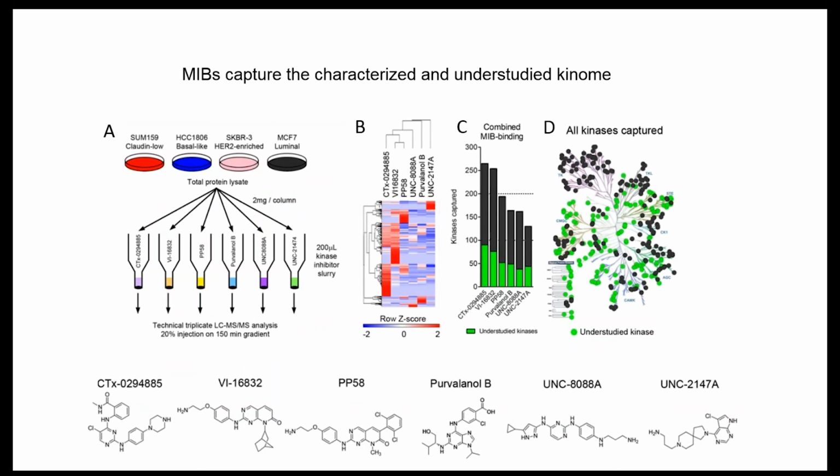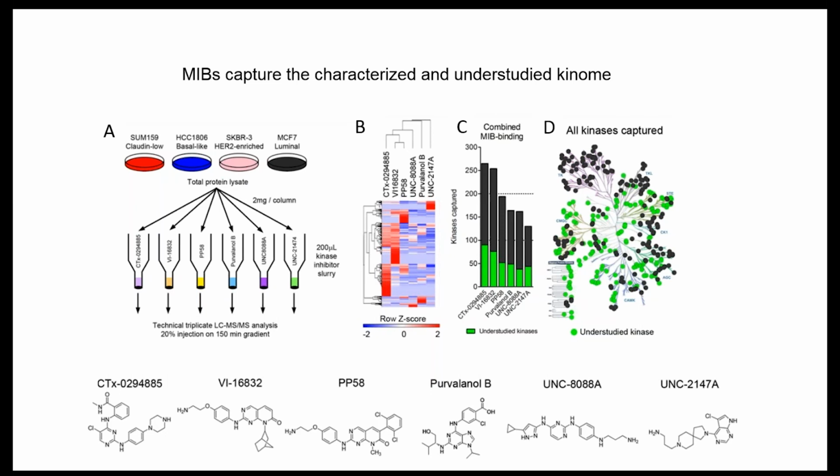But in a short talk, I have to focus. Down in the bottom of the screen are 6 different inhibitors that are used for these kinds of studies. 2 of them are UNC drugs that were designed here in collaboration with Jan and Stephen Frye and our chemical biology group. For example, UNC2147A is a chimeric inhibitor that we developed that selectively enhances the enrichment of AGC kinases, of which AKT is one, because we weren't binding AKT with our other beads.